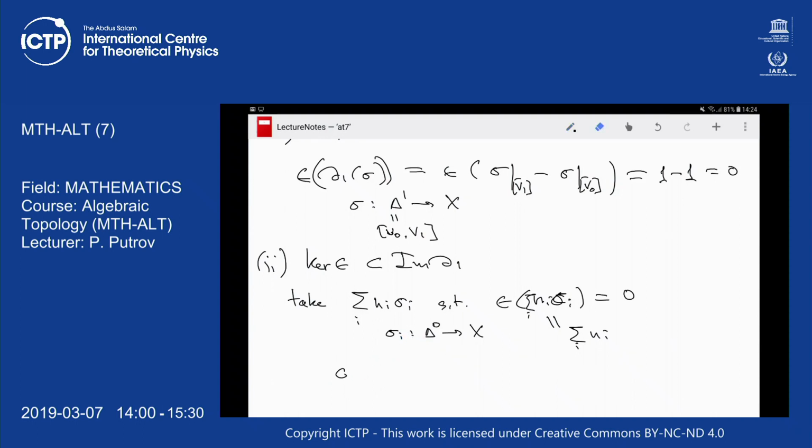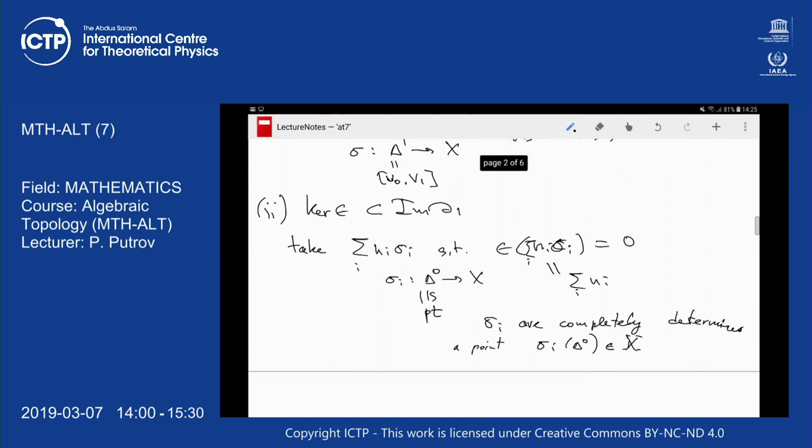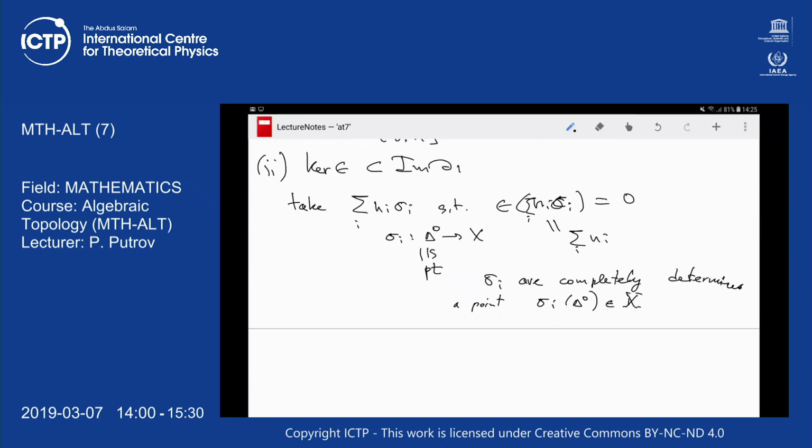So the sigma i's are maps from zero-dimensional simplices to X, and since the zero-dimensional simplex is homeomorphic to a point, this means the sigma i is completely determined by the image of this point, which is a point in X. Now we want to use the fact that X is path connected.